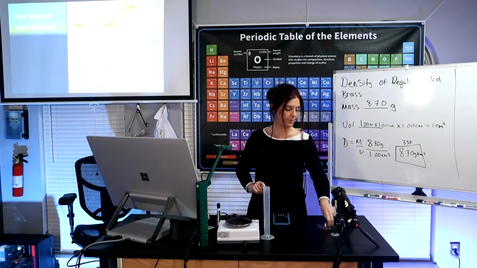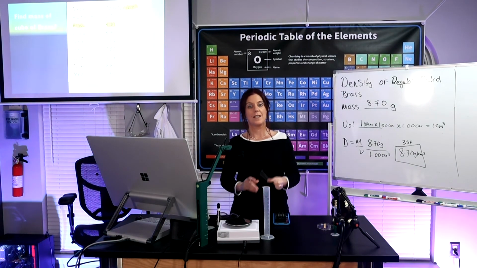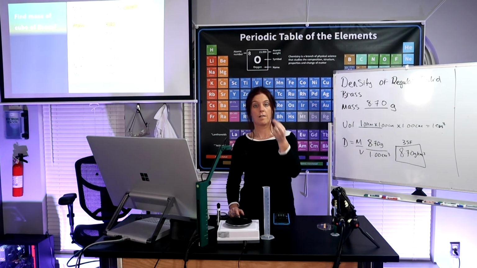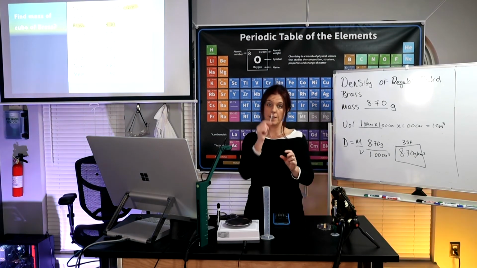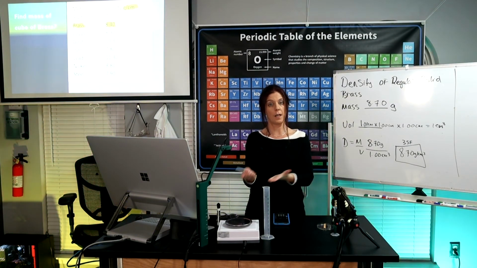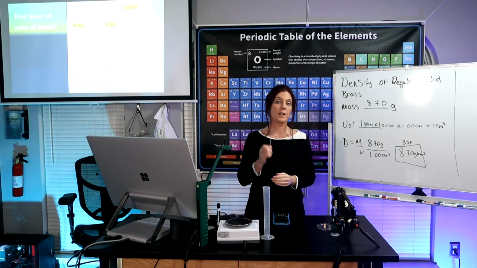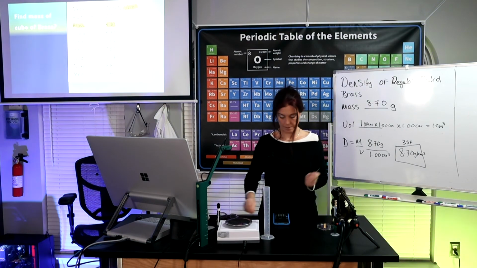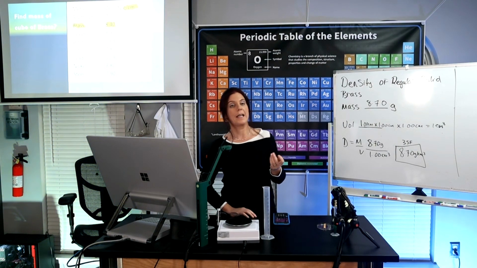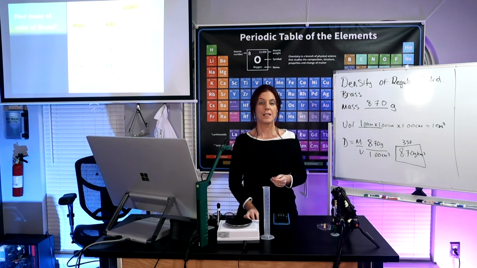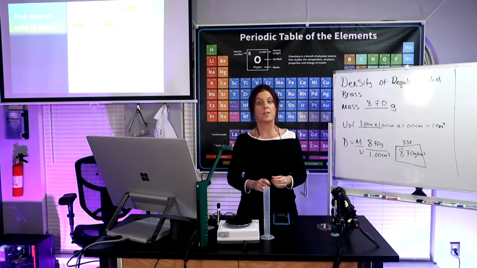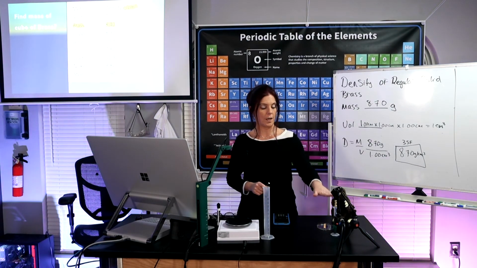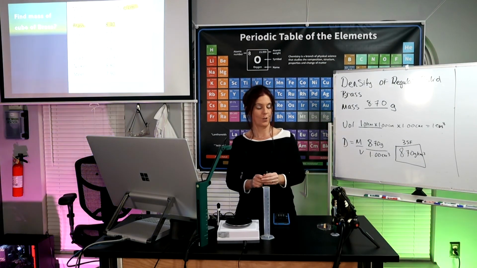So the next item that we're going to look at is our iron nail. Mole Man wants to find out what the density of our iron nail is. Now, to find the mass of it is going to be pretty easy. I can use my scale, but to find its volume, it's not a regular solid, so I can't use my ruler. So I'm going to have to use something called water displacement. I have a graduated cylinder here. You saw it a few minutes ago.